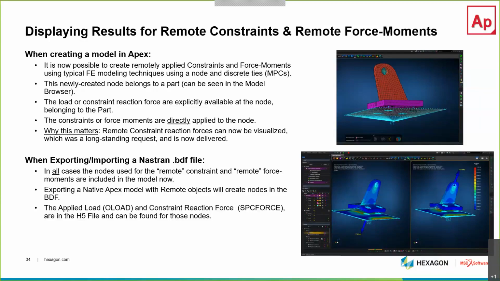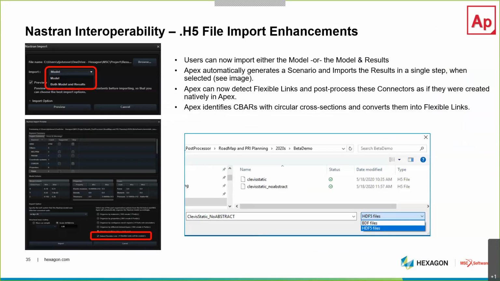So you need to create this remote constraint and connect it to the center of the fastener hole, where there are no elements. So now you have the ability to post-process remote constraints and remote force moments. This happens both with the internal solver as well as post-processing. MSC Nastran is the exact same behavior. So we got you covered.